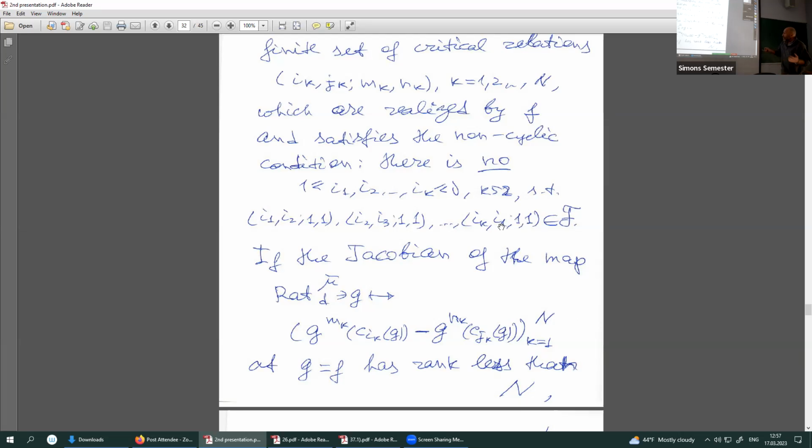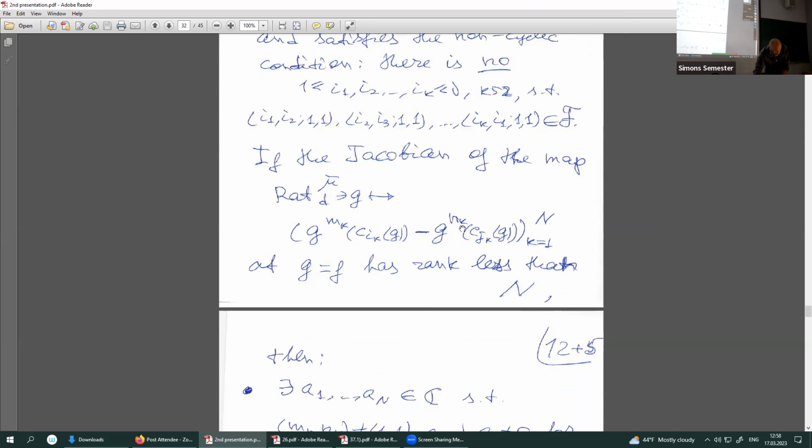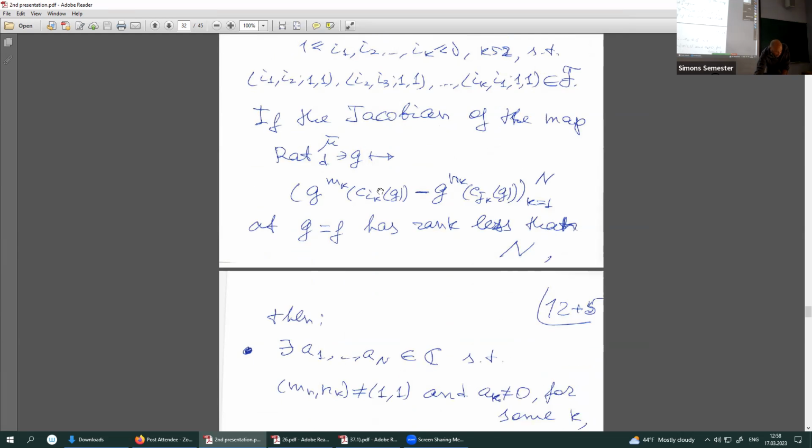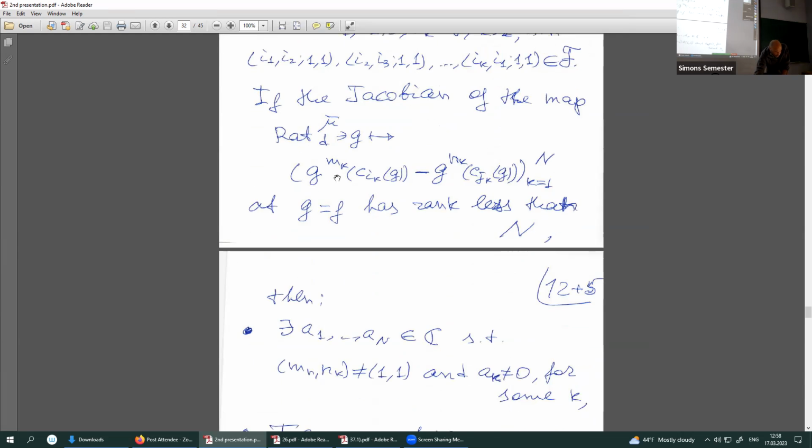Now what is the goal? The goal is to prove that if there is this finite collection of critical relations which are realized by f, then the rank of this map is maximal, is n.